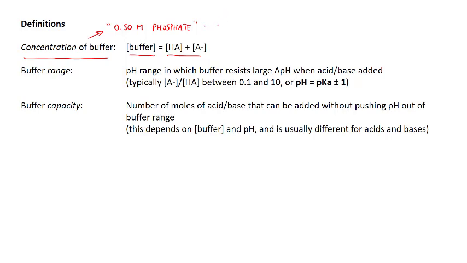So for a phosphate buffer system, it depends slightly on the version of phosphate that you're using, but usually you have what's called a monobasic phosphate, which is your conjugate acid, and you have a dibasic phosphate, which is your conjugate base.